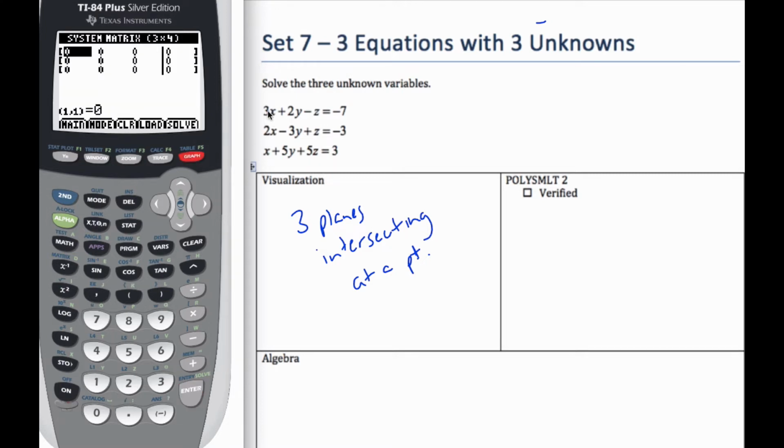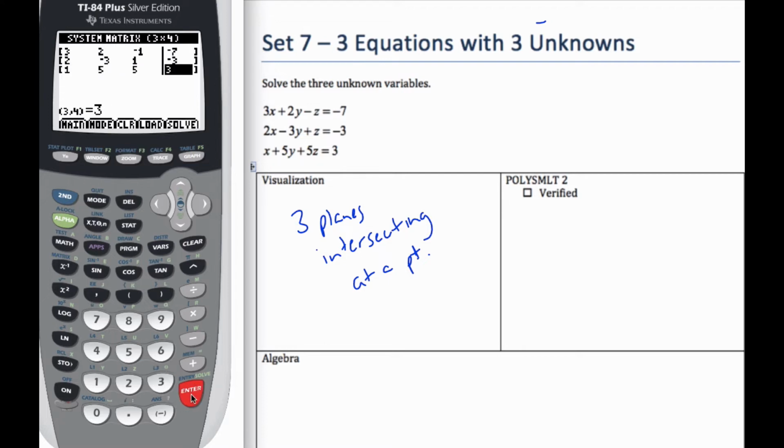And I enter in the coefficients, so 3, 2, -1, -7, -7. I get 2, -3, 1, -3, and finally 1, 5, 5, 3.